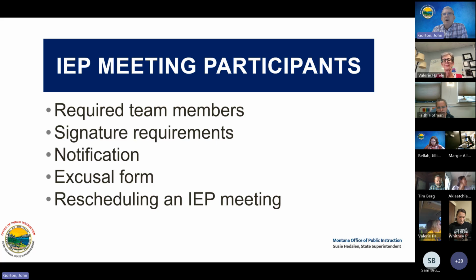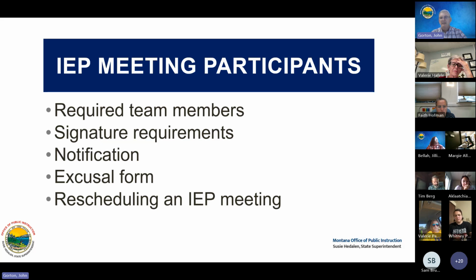Then we get into the notifications, and we're looking there for your invitations to the meetings and making sure that the necessary people are there. If a parent has to go be a soccer coach or whatever, and is not able to attend that meeting, then you need what is called an excusal form. It's always been in the system in Infinite Campus, but it's seldom used.